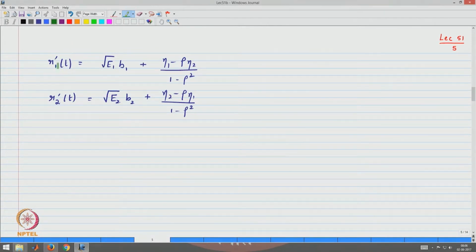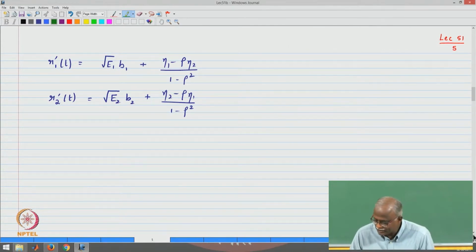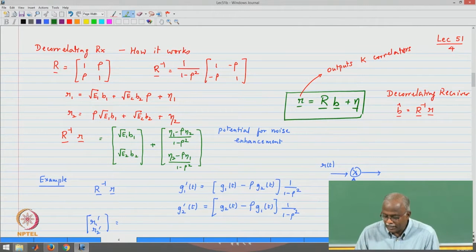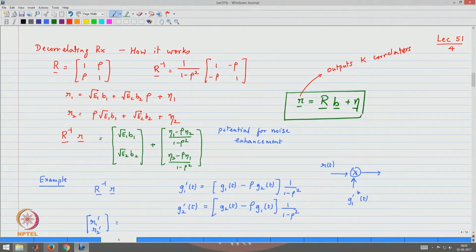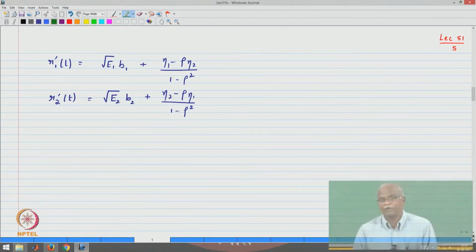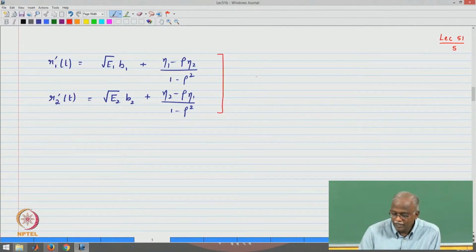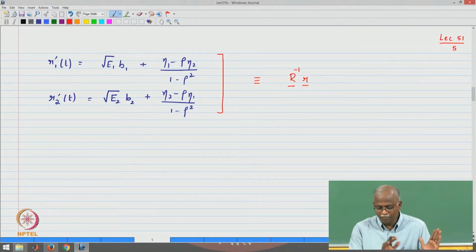If you write down the expressions, you would get the expressions given on this page, which is exactly the expressions that we got when we multiplied by R inverse times R. So this set of equations is identically equal to what we got by multiplying R inverse times R. Okay, so both are equivalent.